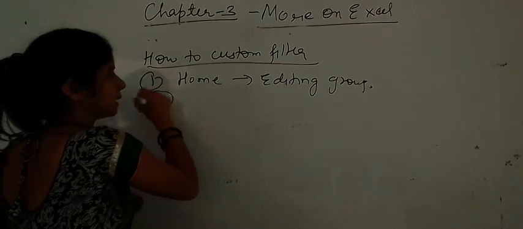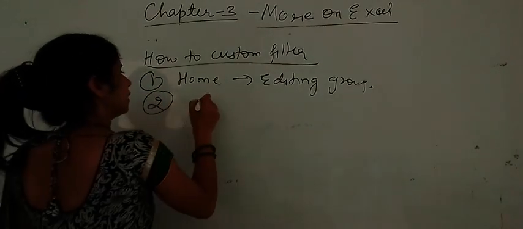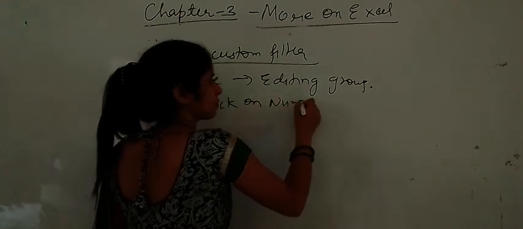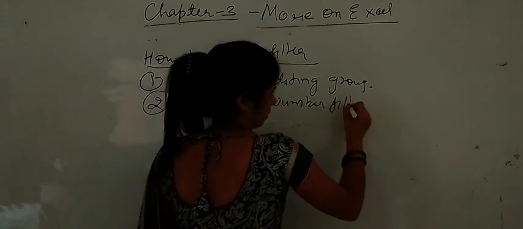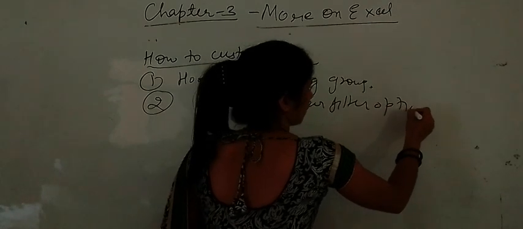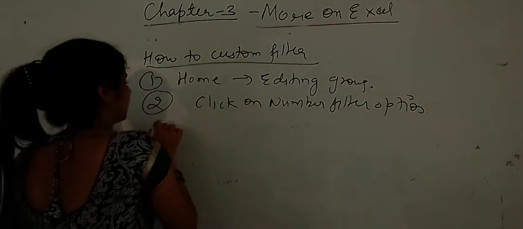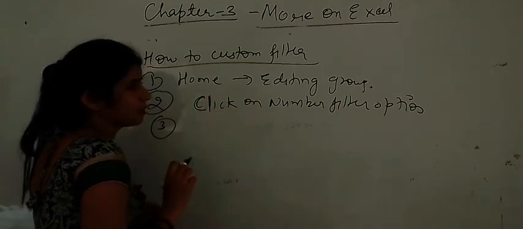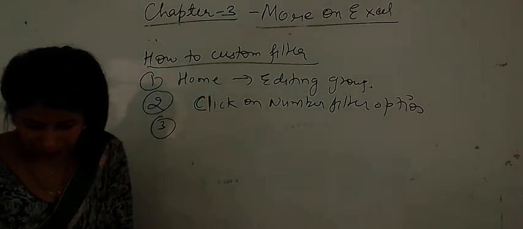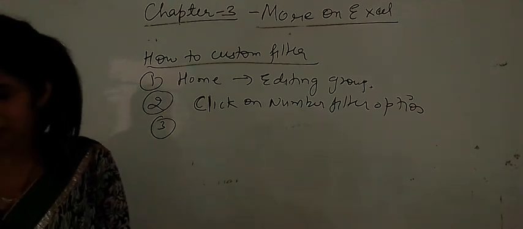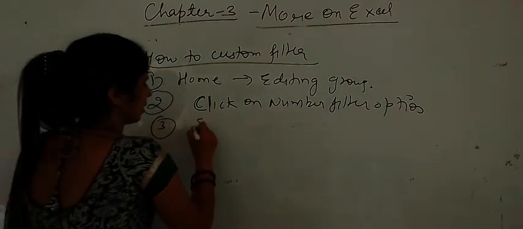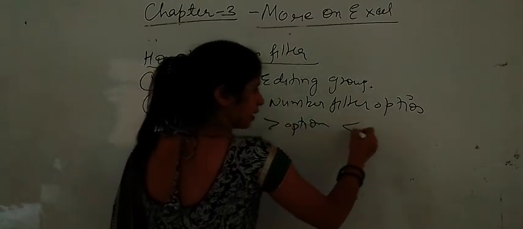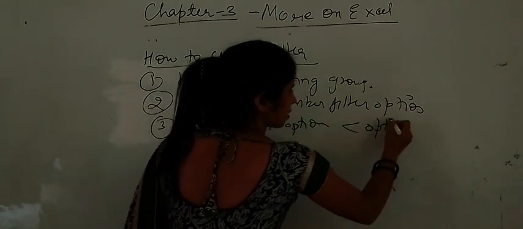Okay. Then second is you have to click on the number filter option. Which option? Number filter option. So when you will click on this number filter option, then after you have to place a criteria there. Means suppose you are going to arrange the marks obtained in any list, then you have to select this option if you want to show the less marks.